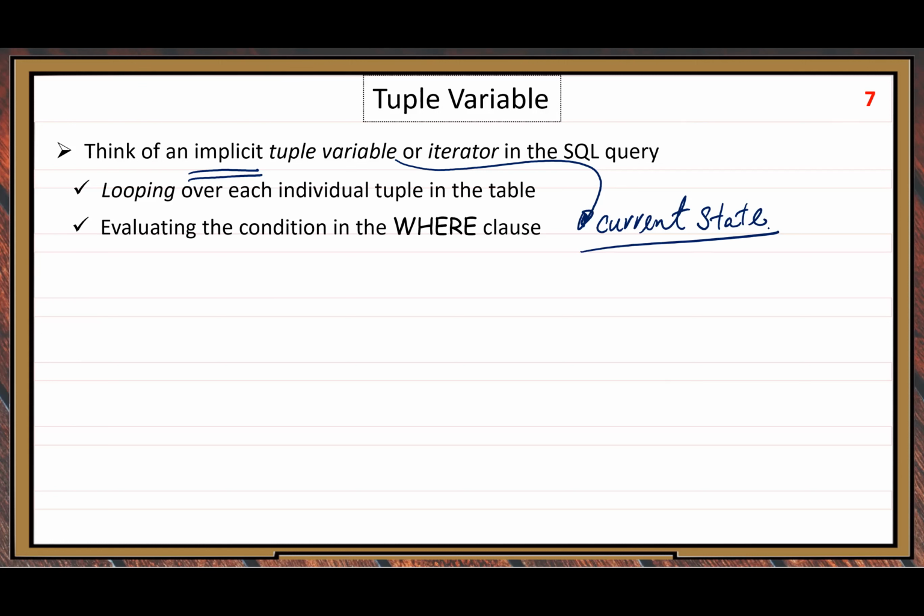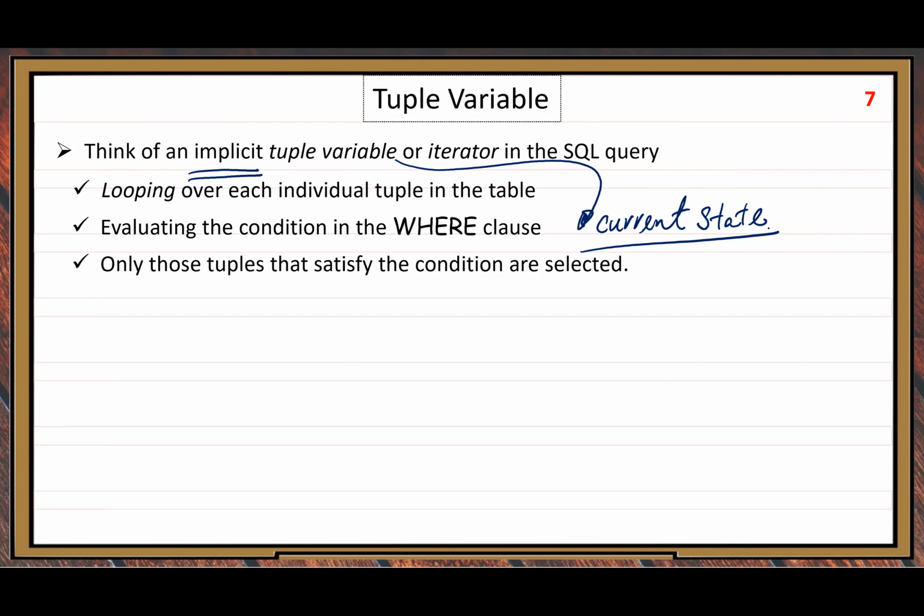Every time your tuple variable takes one particular state, that is the current row. So you look at that particular row, you apply the where clause on it. In your where clause, you may have two conditions, join condition and selection condition.